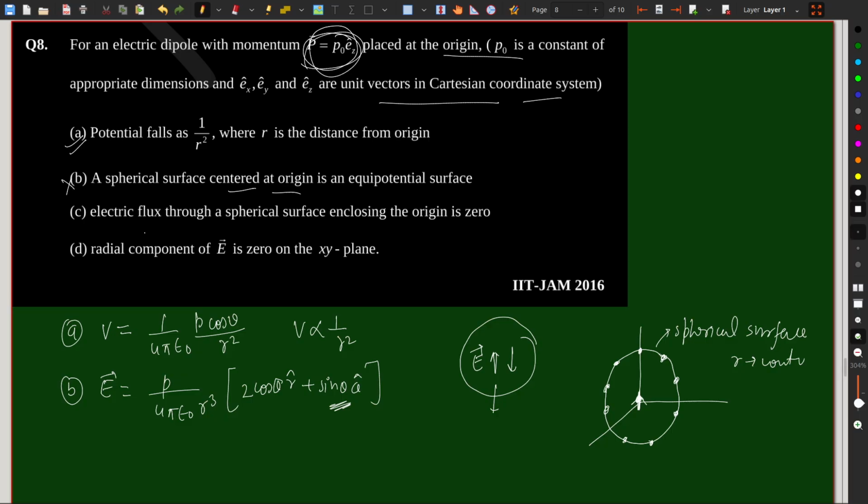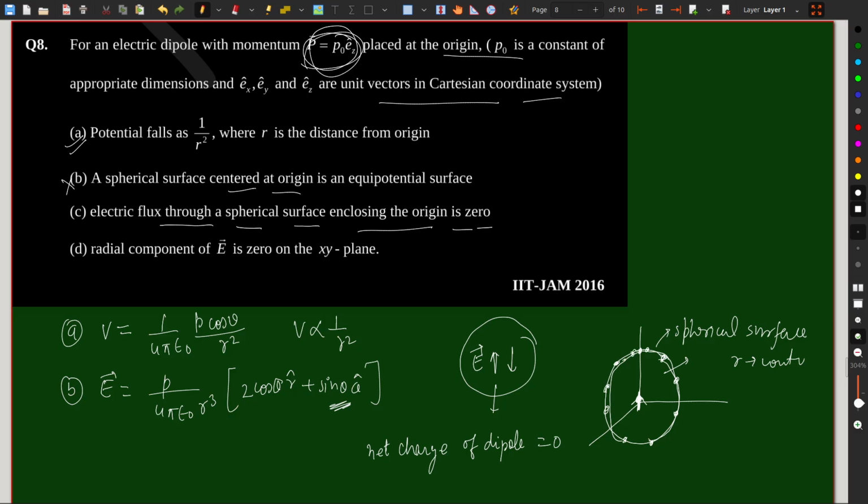C: electric flux through the spherical surface enclosing the origin is 0, because the net charge on the dipole is 0, and if there is net charge 0 inside any surface, there will be no flux.